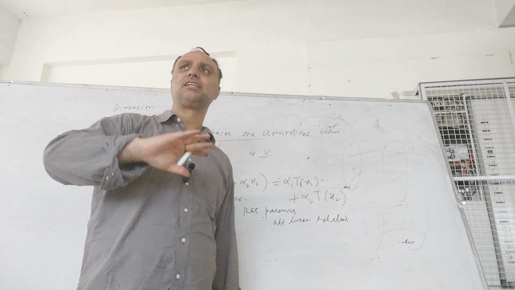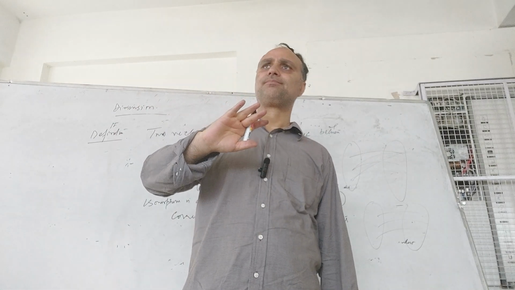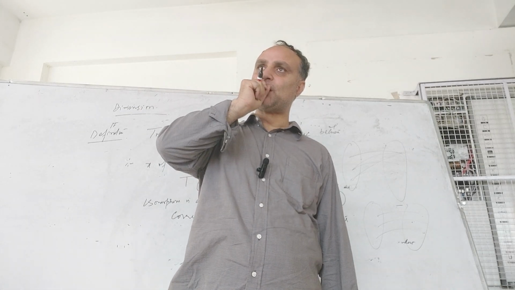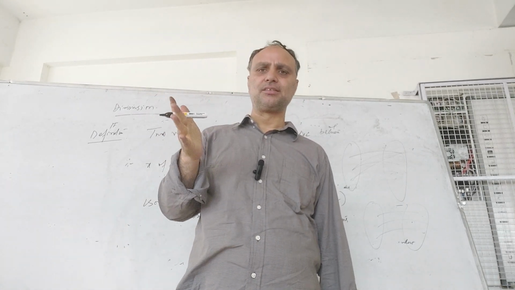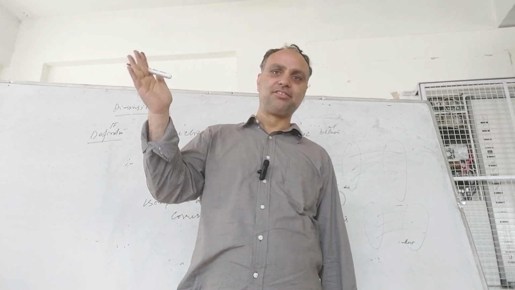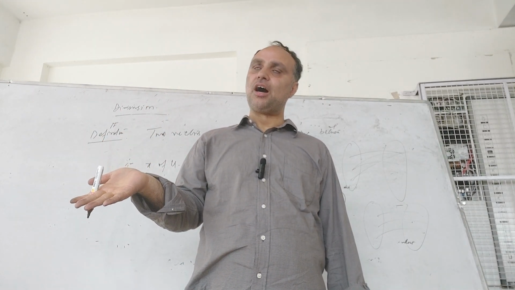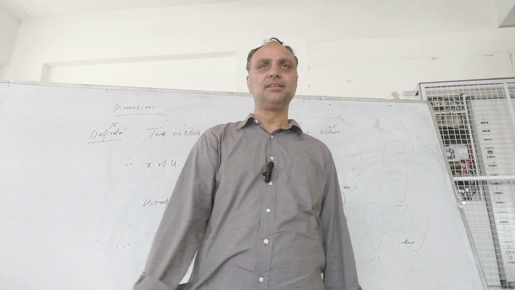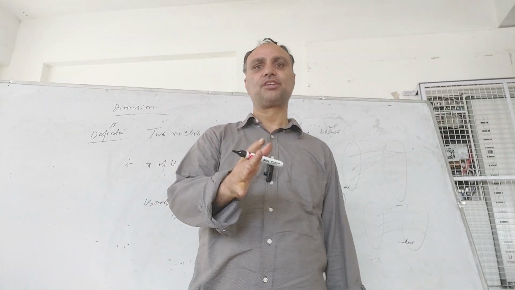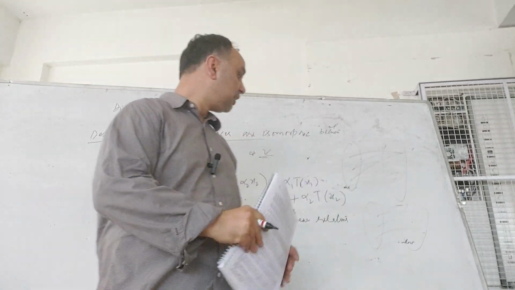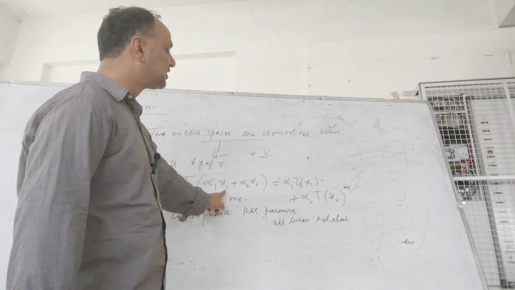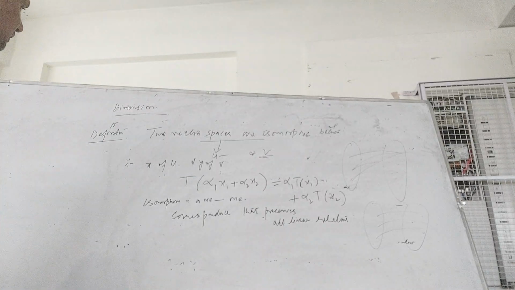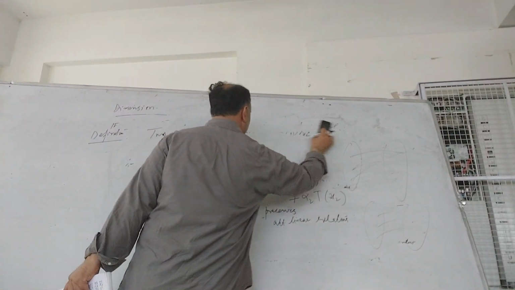If you have a general number field F of n dimensions, how can it map to F^n, or alternately be isomorphic to some other space which has these linearity-preserving properties? That's part of another theorem.